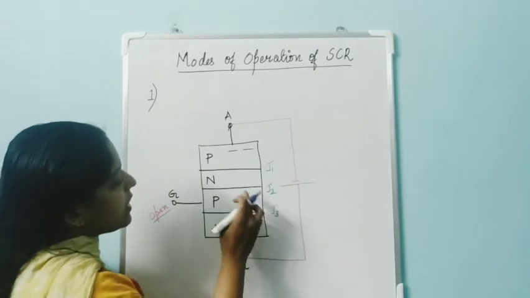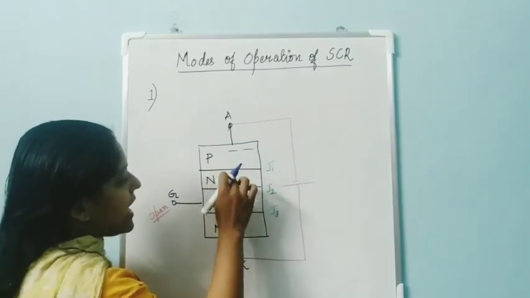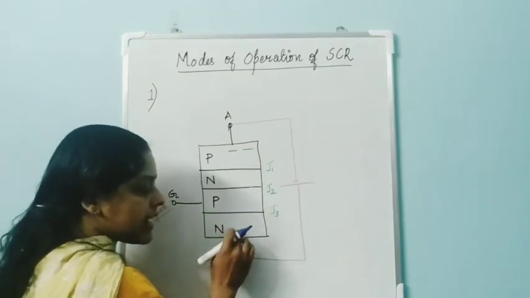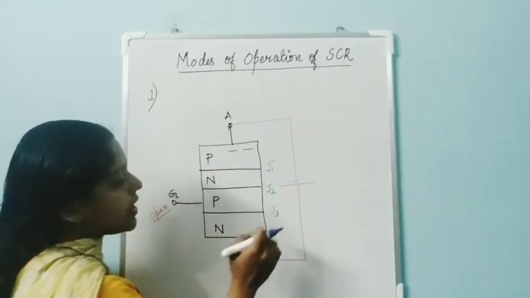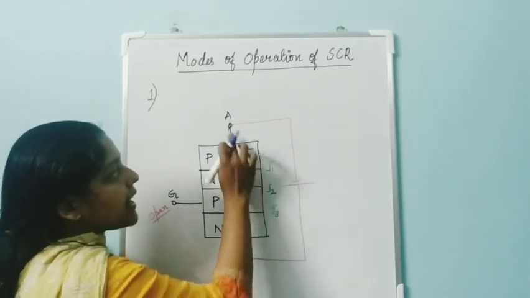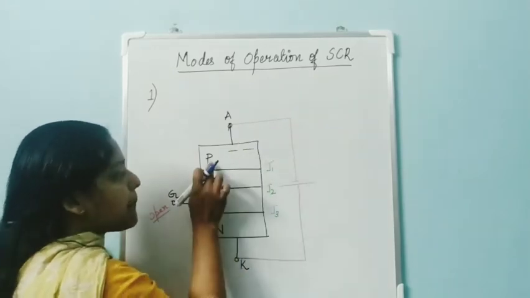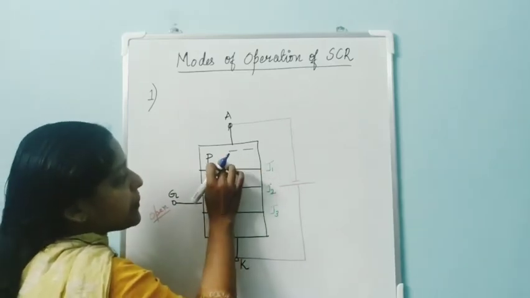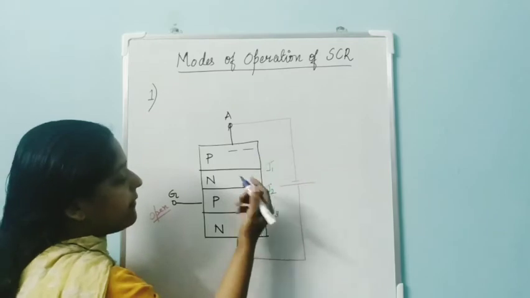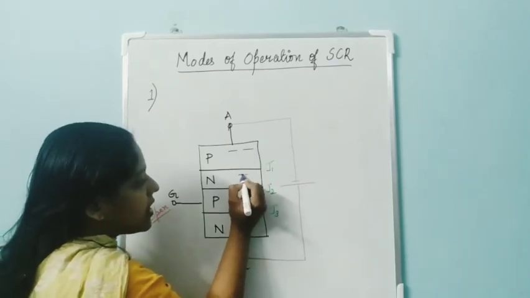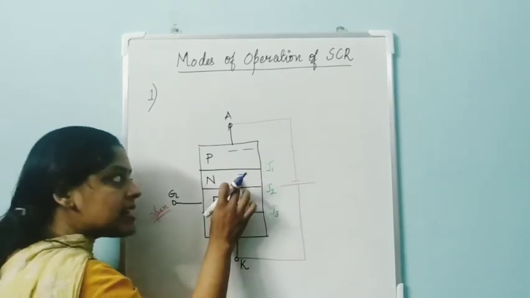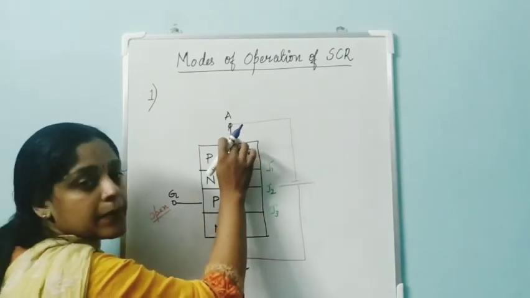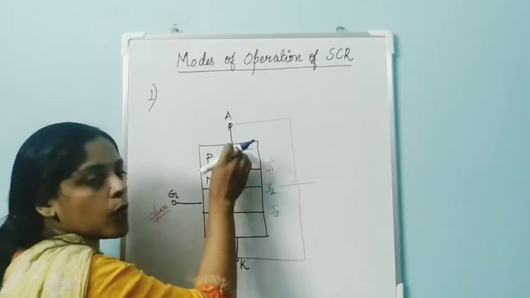The N region is also connected to this negative terminal, but compared to the P, N is far away. So the P region will have more negative, and the N region would be negative, but less compared to the P region. Why? Because this negative is directly connected to the P region. N is also within its effect.